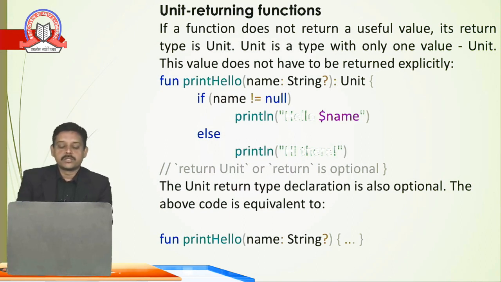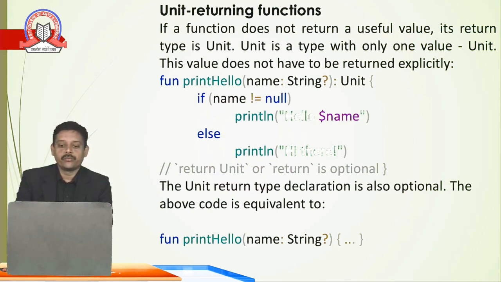So if we use a function printHello, and we have passed one parameter named string, and after that we use Unit, it will use a by default non-return type value or a non-useful return type value.